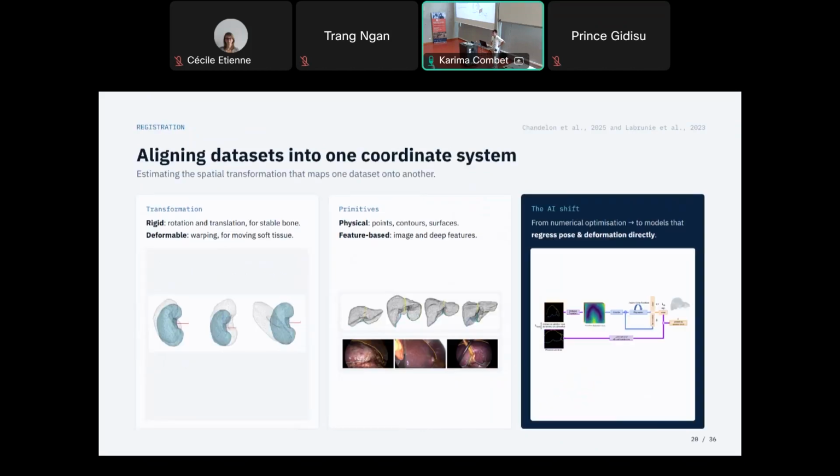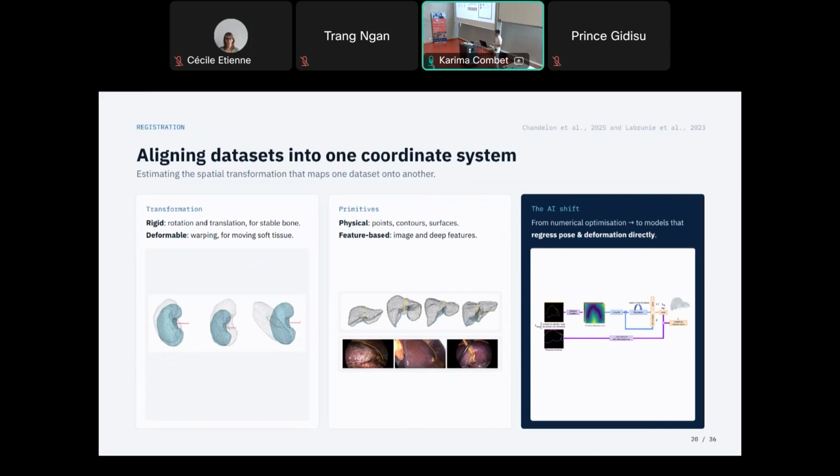But yes, it's one approach. We can use AI for a lot of parts of the digital twin aggregation step. As I previously mentioned, we can use AI to estimate deformation, like in the left side. We can use AI classically to extract primitives.